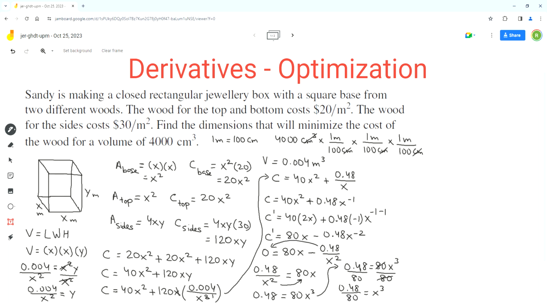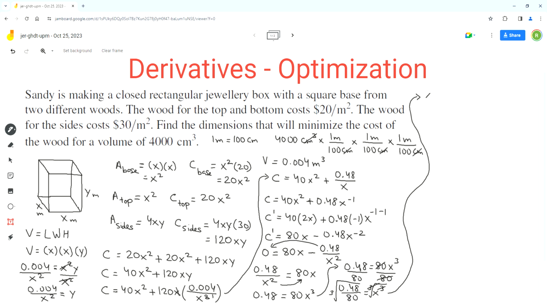Now we can change x cubed to x by applying cube root to both sides. So on x, the cube root and the cube will cancel each other out. And now we can just do a calculation here.